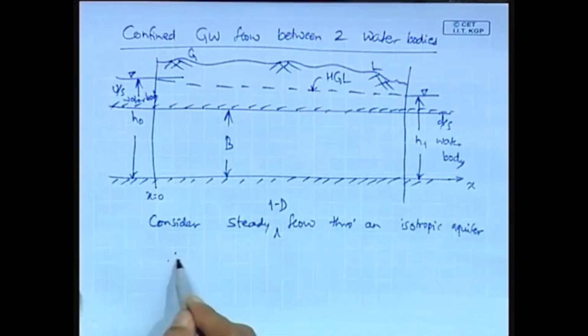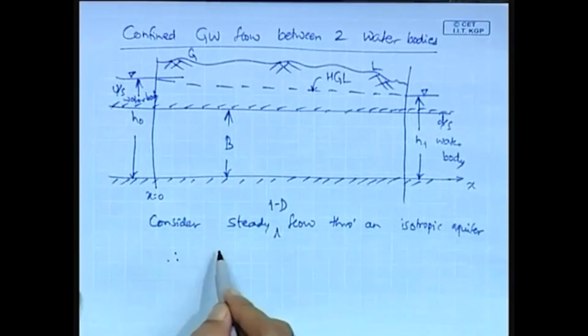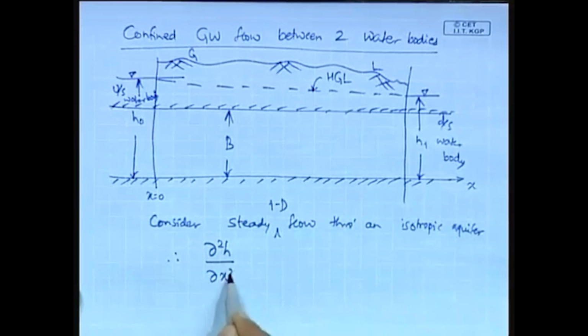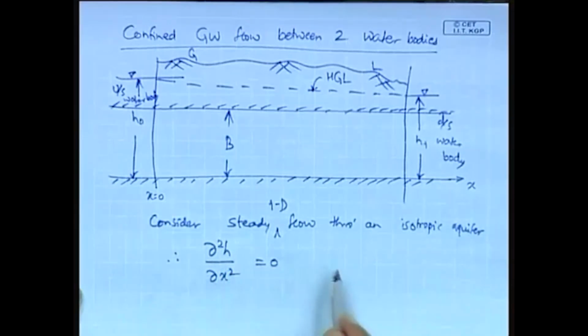Okay. So, therefore, the governing equation will be d square h by dx square is equal to 0, because the flow is only in the x direction. So, therefore, d square h by dy square as well as d square h by dz square will be 0. So, only we get d square h by dx square is equal to 0. So, this is the governing equation.